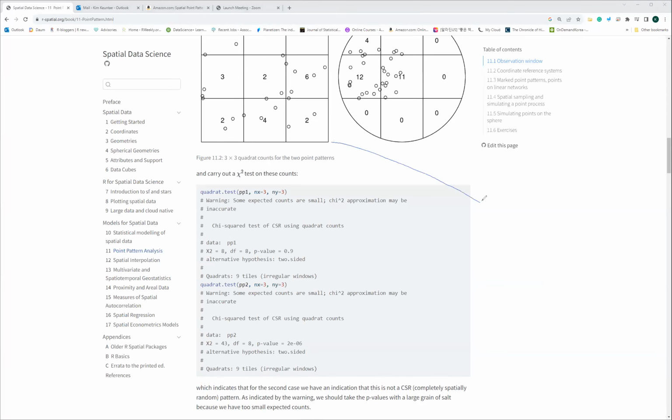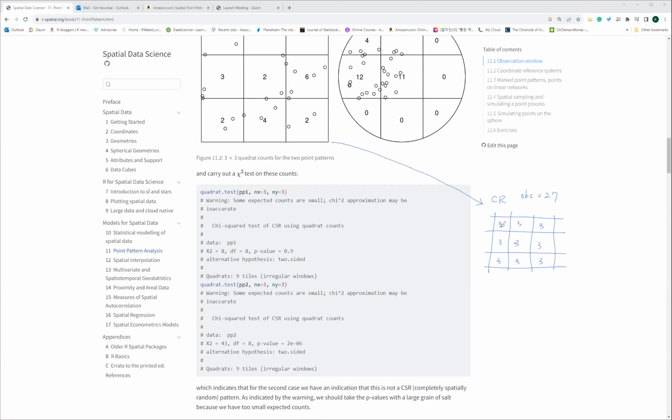So assuming that we have completely randomly assigned points, in the case of a 3x3 grid where our observation is, I would say, 27 points, that means if the points are evenly, randomly distributed across the space, our expected value is going to be 3 for all cells.